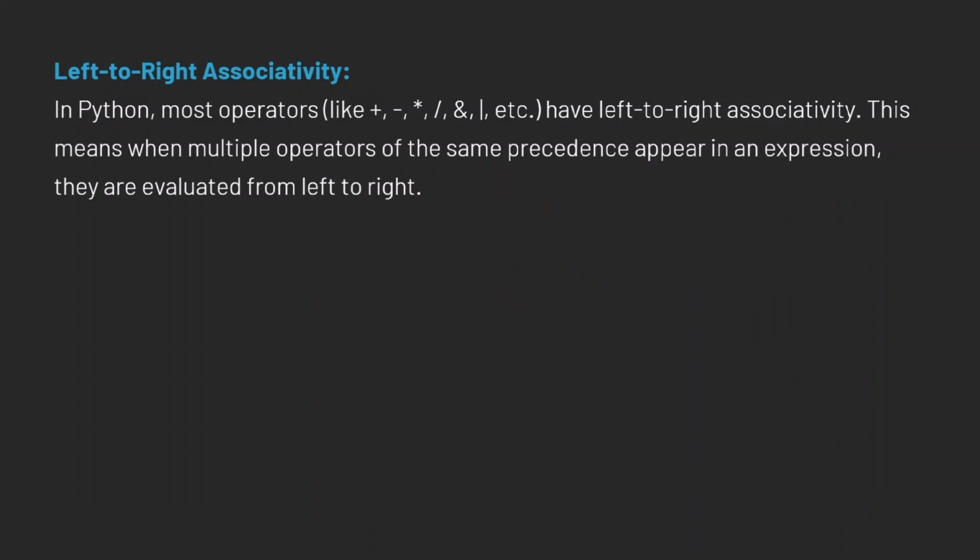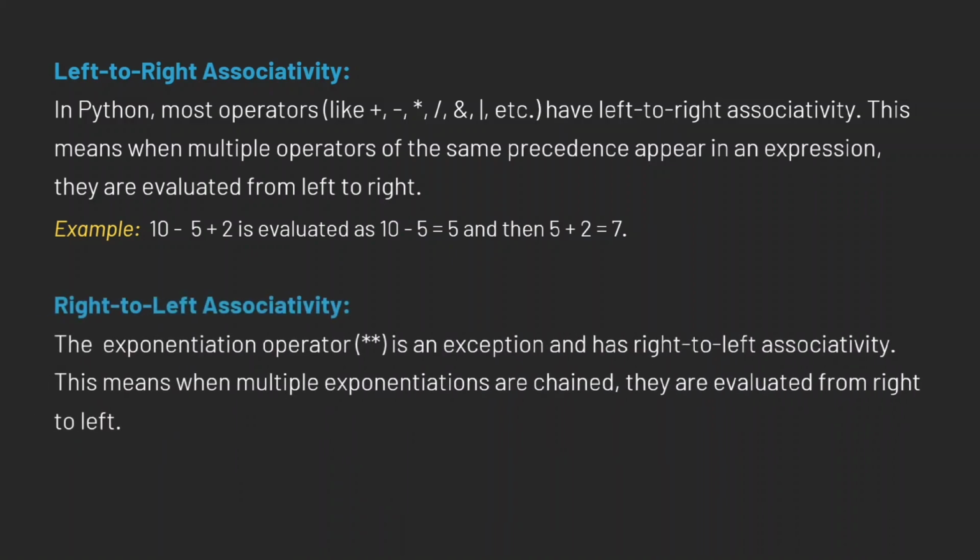Left to right associativity. In Python, most operators have left to right associativity. This means when multiple operators of the same precedence appear in an expression, they are evaluated from left to right. For example, 10 minus 5 plus 2 is evaluated as 10 minus 5, which gives 5, and then 5 plus 2, which gives 7. Right to left associativity.